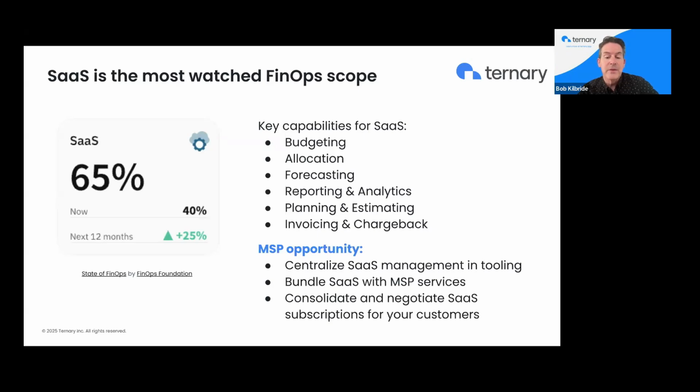Help them get visibility, and provide the optimization for those components as well. And then you can also expand that into helping your clients negotiate their SaaS and cloud services subscriptions to make sure that they're getting the best deal that they could from the SaaS provider.